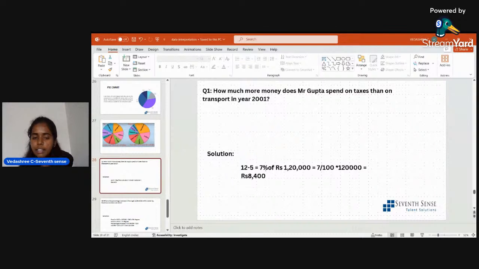So 7 divided by 100 into 1 lakh 20,000. The zeros get cancelled, and 1 lakh 20,000 divided by 100 is 1,200, and 7 into 1,200 is equal to 8,400. So this is the first question based on pie chart.